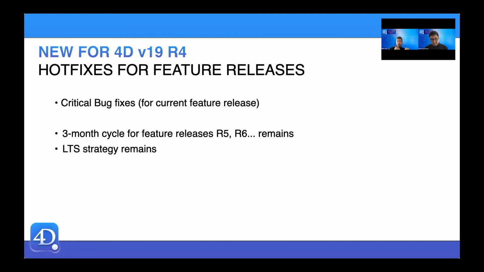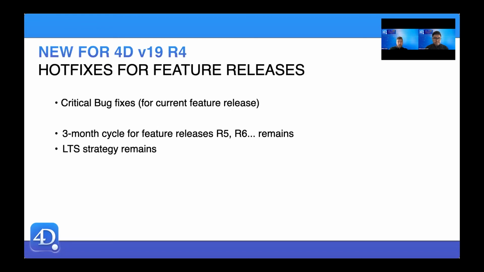Well, you no longer have that excuse. Starting from 4D v19 R4, there will be hot fixes for feature releases as well. Now, this should allow 4D developers to deliver to their customers faster and increase the adoption rate of feature releases even more.